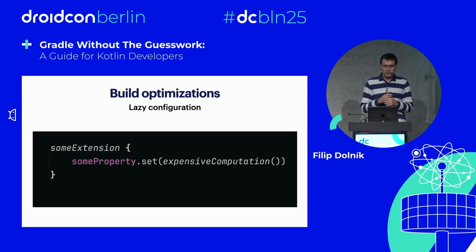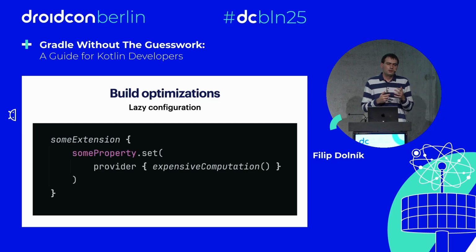How to use such a provider? In the past, this is how you would configure your plugin. The plugin has an extension, there is a property, and you would set a value of this property to the result of this function. But we don't want to do that because now we are computing it immediately, and maybe nobody even requests the value of the property.